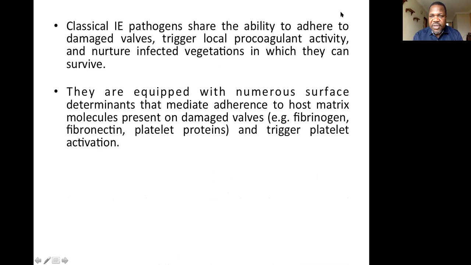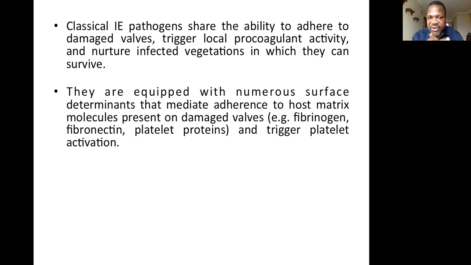Okay, so the classical infective endocarditis pathogens share the ability to adhere to those damaged valves, as I said, and they trigger local procoagulant activity and then nurture infected vegetations in which they can survive. So they form in the heart what we call vegetation, an environment that allows them to survive and continue to replicate.